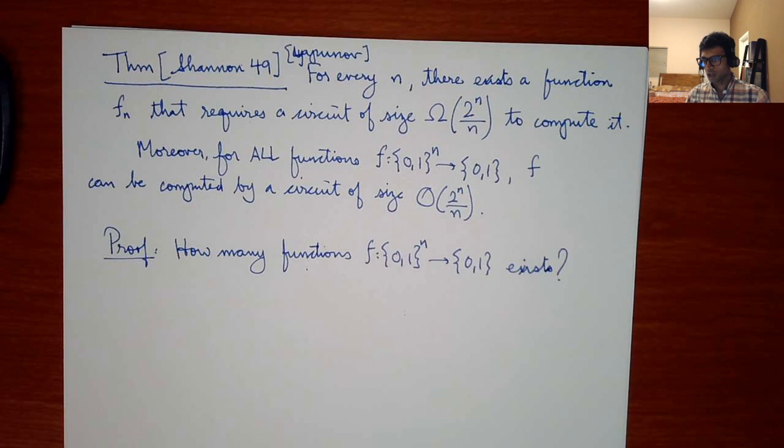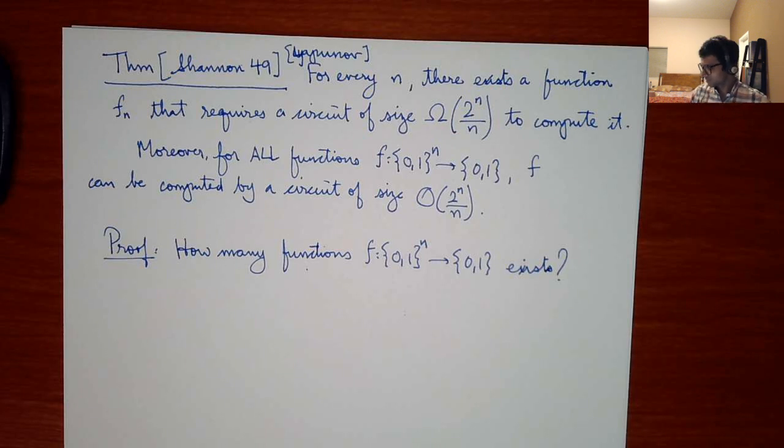Any guesses? How many functions exist? Is it 2 to the n? Why 2 to the n? Because the function input is of length n. Okay, I've changed my answer.